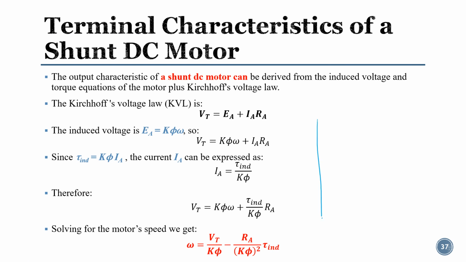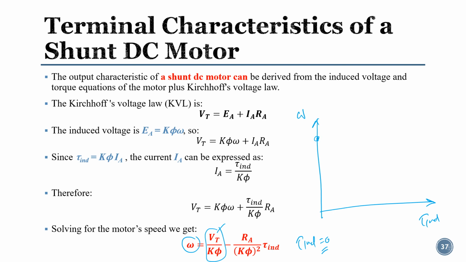For example, if you want to plot this, let's say this axis is the induced torque and this axis is the motor speed. If the induced torque is 0, then the angular velocity will be this constant value, say I'm getting one value here.